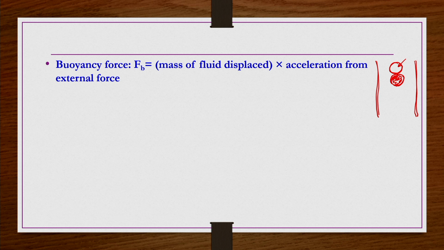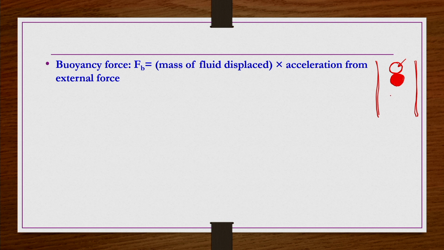Whatever fluid was present here, this shaded portion, that fluid is being replaced by the particle. So, whatever the volume was there, that volume is replaced by the particle, and that volume is the same as the particle volume.